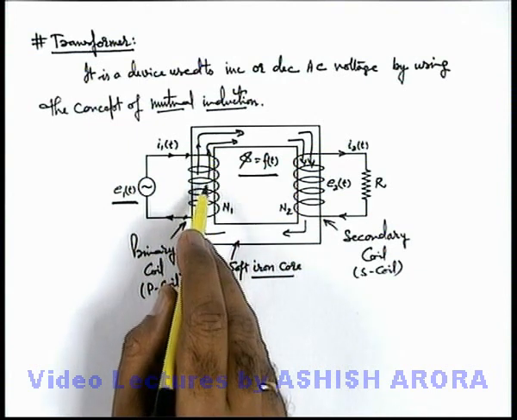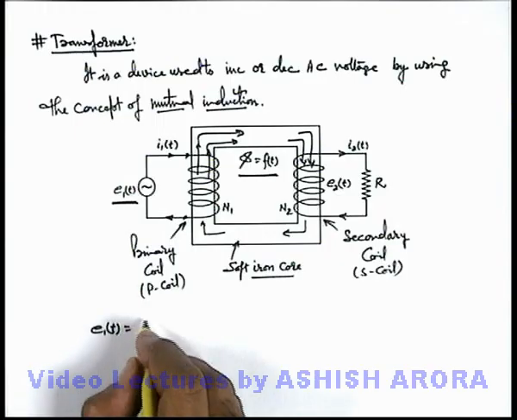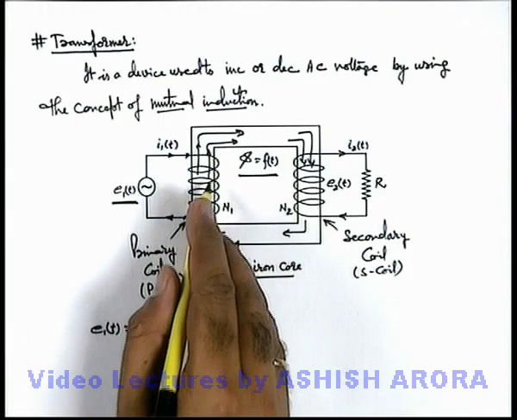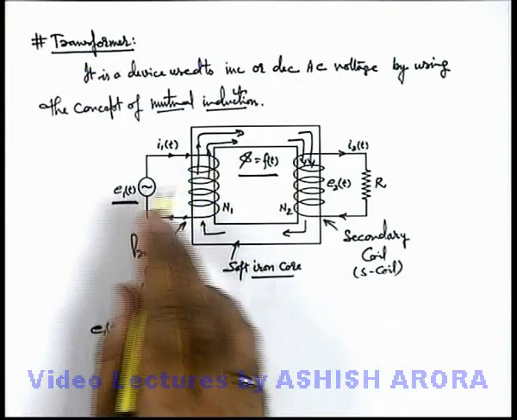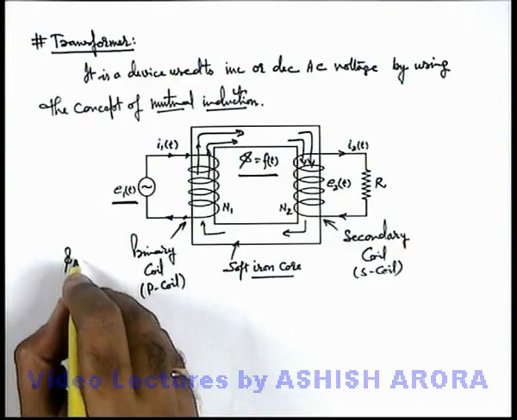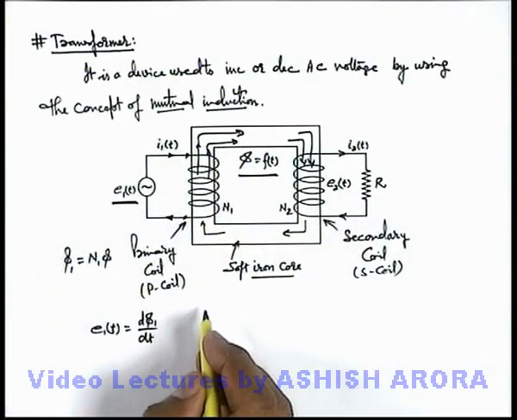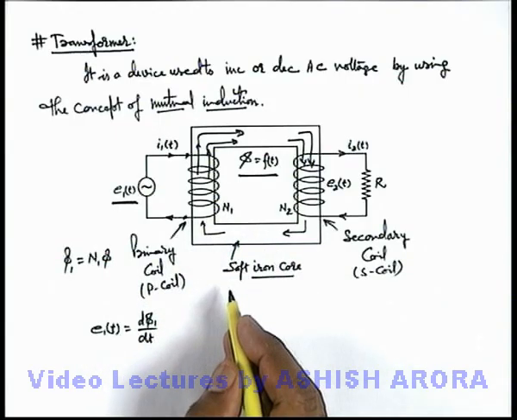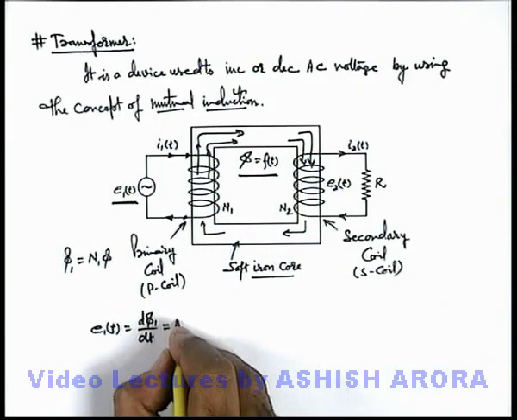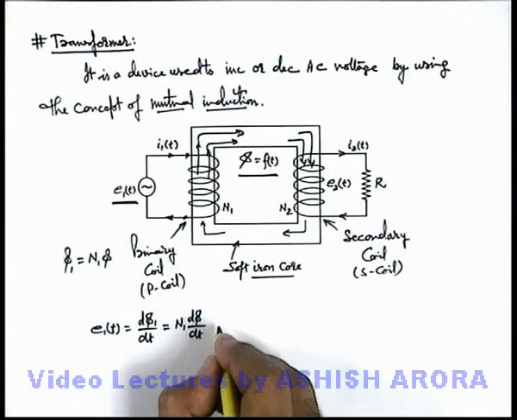So E1(t) is always equal to d phi 1 by dt, where phi 1 is the magnetic flux linked with the first coil. So phi 1 we can directly write as N1 phi, if phi is the magnetic flux which is passing through the soft iron core or any cross section of the soft iron core. So this can be written as N1 multiplied by d phi by dt. So this is our equation 1.